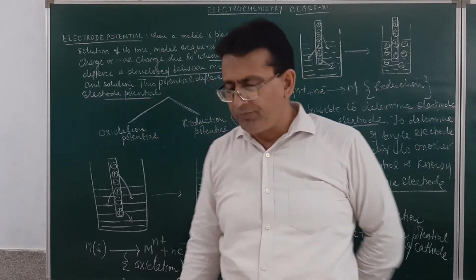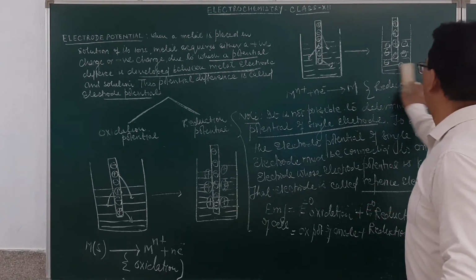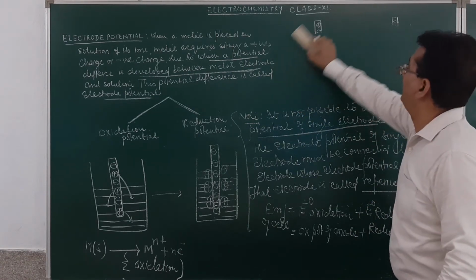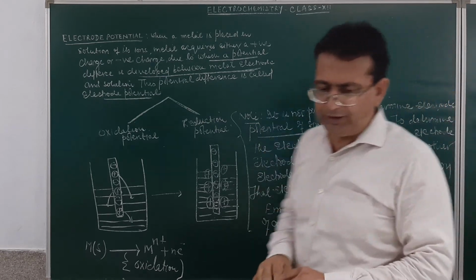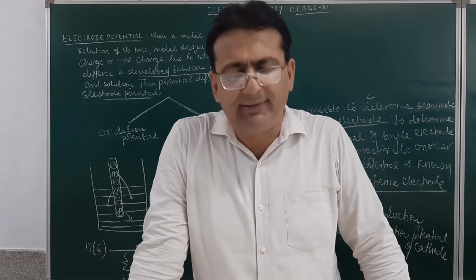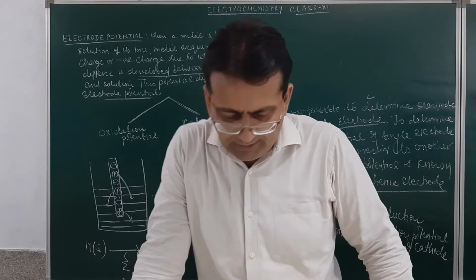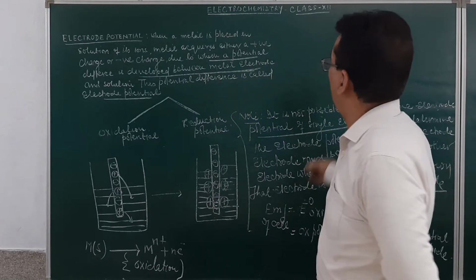Now the question is, what is standard electrode potential? If we ask you, what is the standard electrode potential? So the electrode potential measured for a solution of 1 molar concentration at a temperature of 25 degrees C is called standard electrode potential.